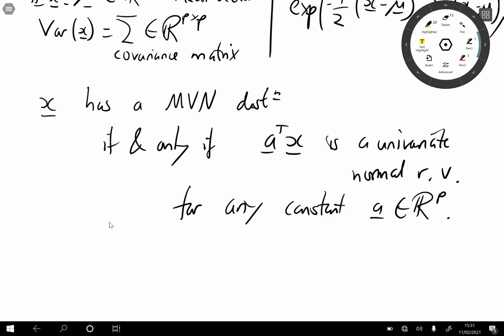So x has a multivariate normal distribution if and only if all linear combinations of it are univariate normal. This is a linear combination of the elements of x.